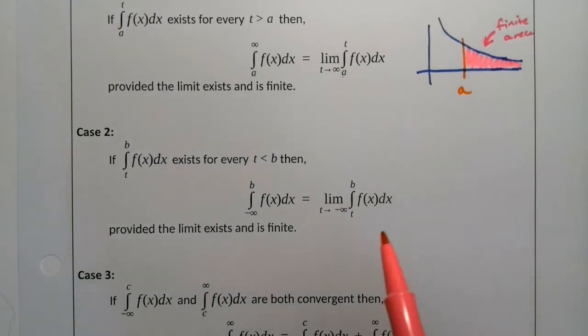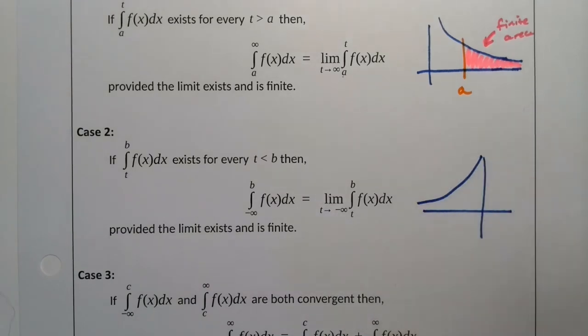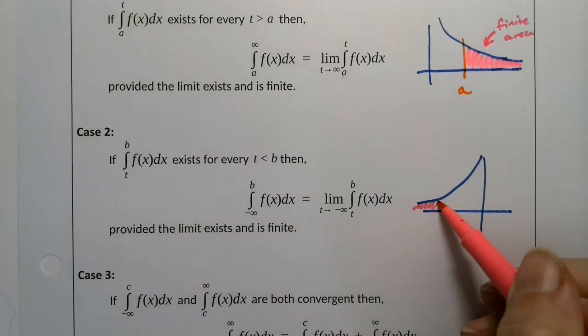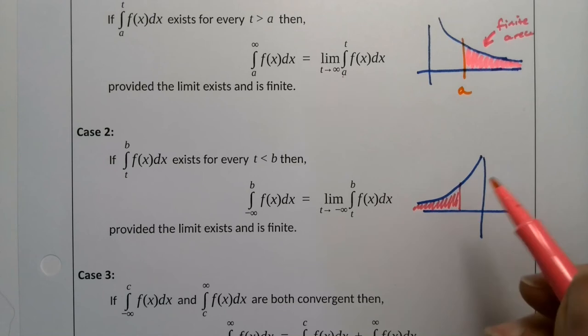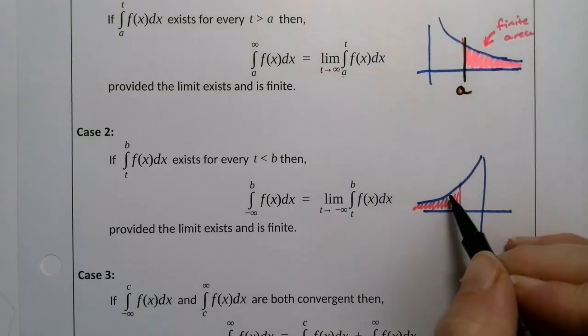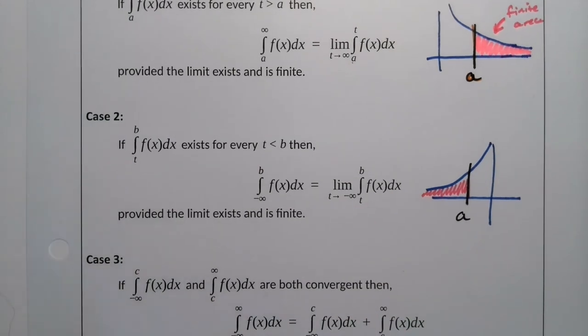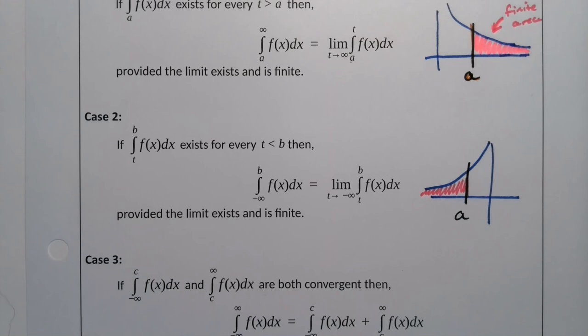Now you could of course do it in reverse. So you could have the curve look like this instead, in which case you're finding the area over here. I guess I'll call this a. There we go. And so then we could have that area, so you're taking the limit as t goes to negative infinity.